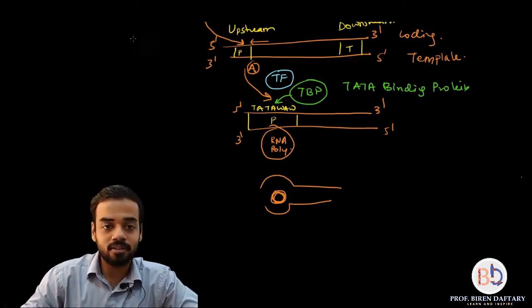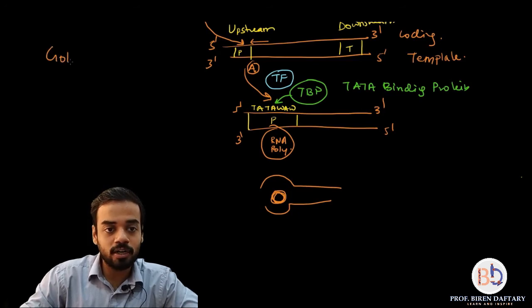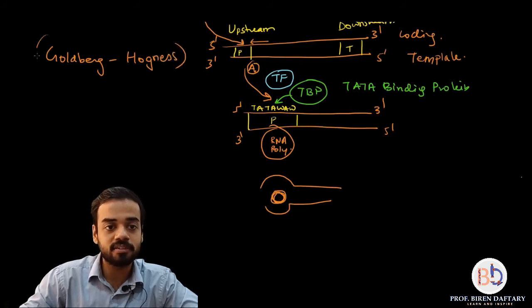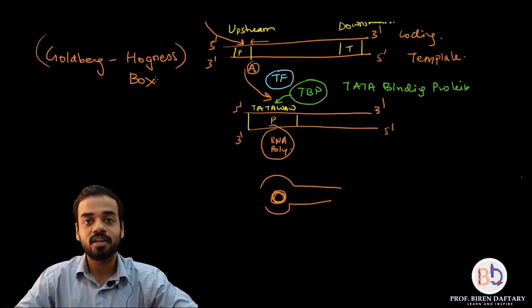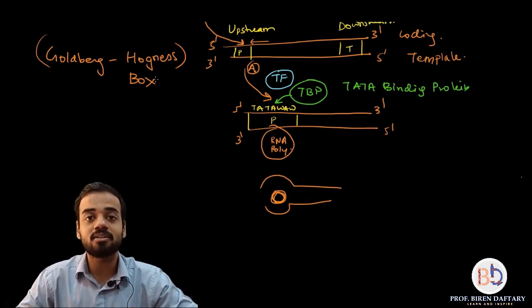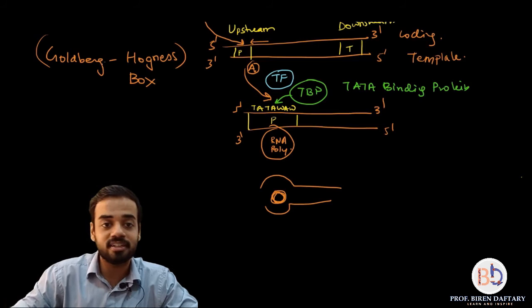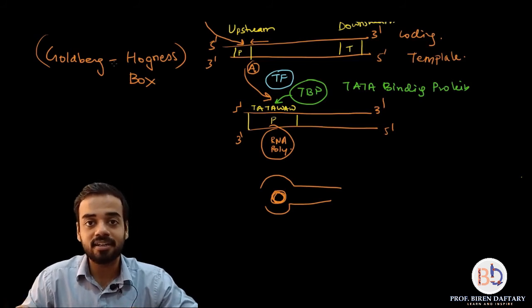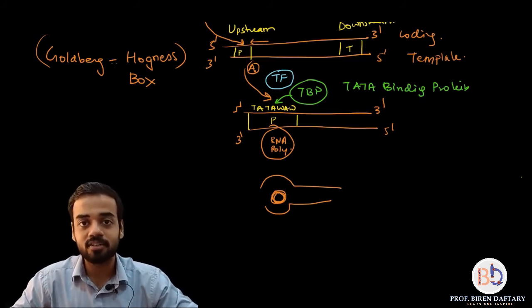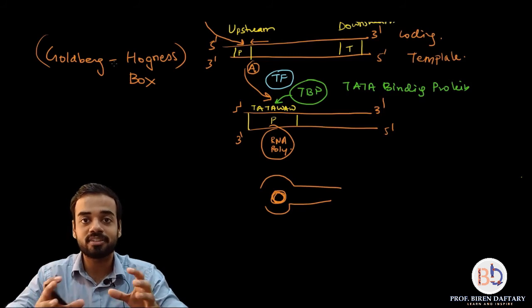The TATA box is also called the Goldberg-Hogness box. Please remember this. This is another name for the TATA box, and the term is used in eukaryotes and archaea. Archaea were earlier called archaebacteria, so it is present only in eukaryotes and archaebacteria.